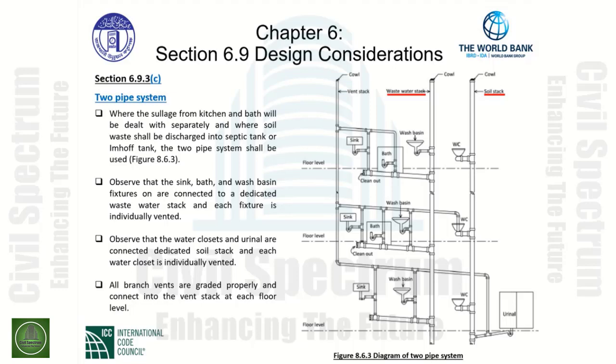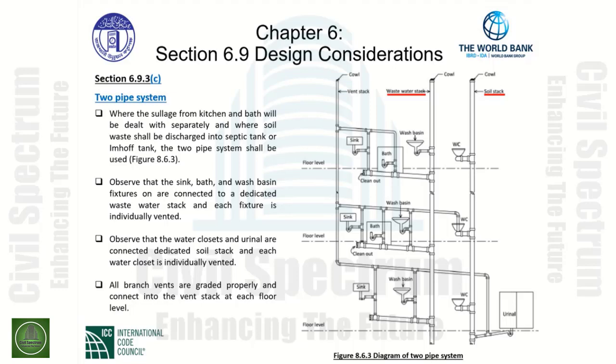When we look at the diagram, again, we see that we have a separate soil stack that serves as the vertical discharge for water closets and urinals on different floor levels. The wastewater stack indicated in the middle, receives the discharge through the horizontal branch from fixtures like the sink, bath, and wash basin accordingly.